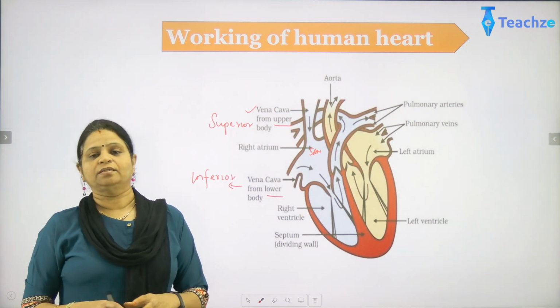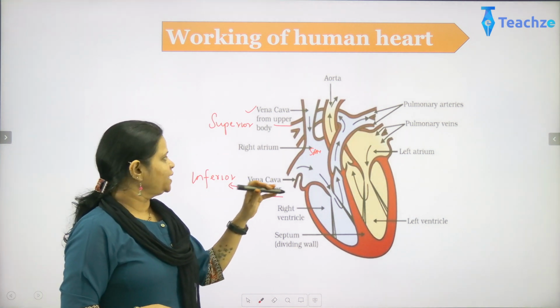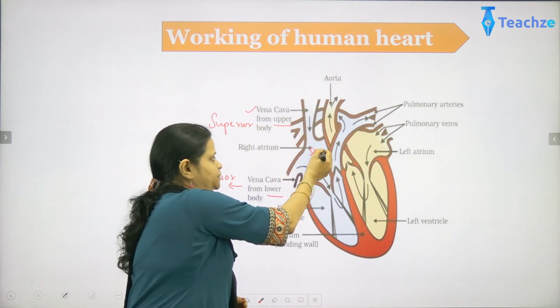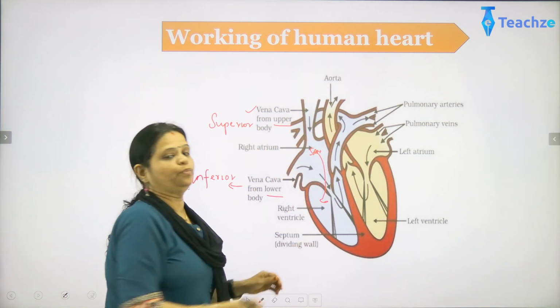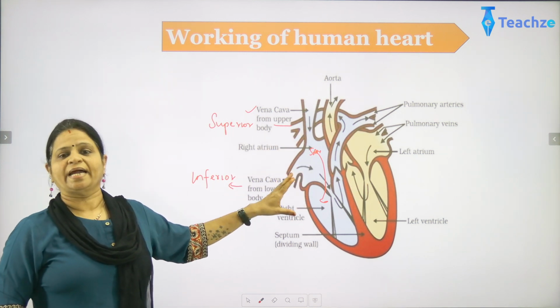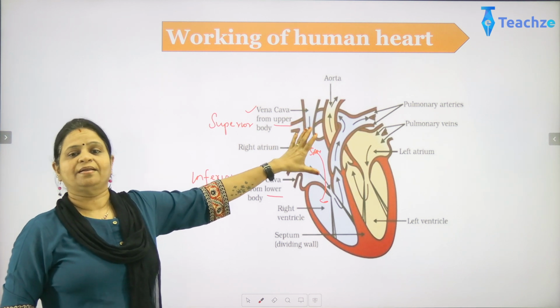We said there is a valve present, the tricuspid valve. Now the tricuspid valve will open and the blood from the right atrium will enter into the right ventricle. This is the first step. Once the blood enters the right ventricle, the right atrium is in a relaxed mode.